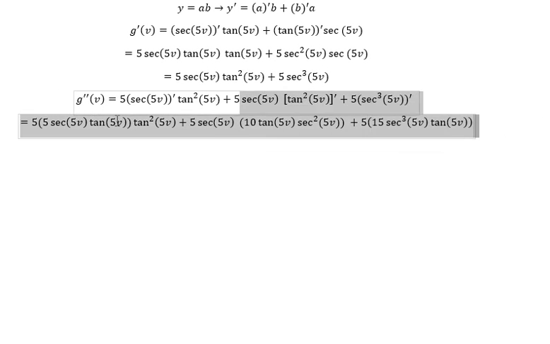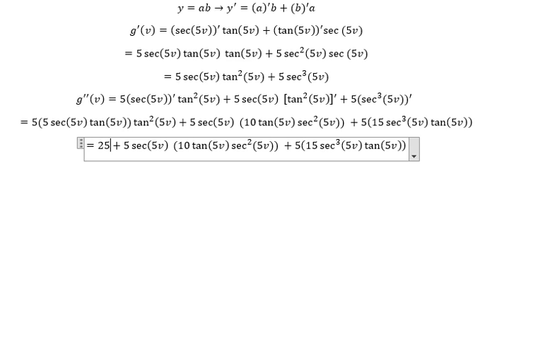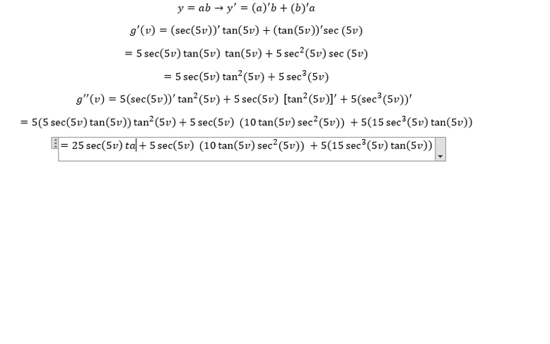So now we need to simplify everything in here. So this one, we have 25 secant of 5v tan 5v to the power of 3.